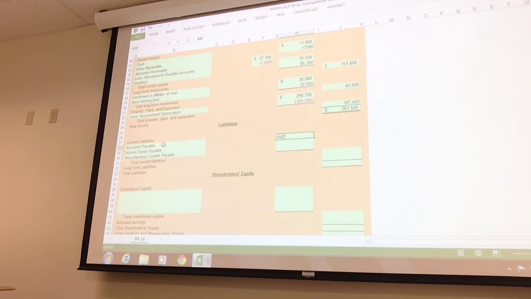So 44,200 in accounts payable, 19,700 in income taxes payable, and 6,800 in the miscellaneous. So that gives us what?